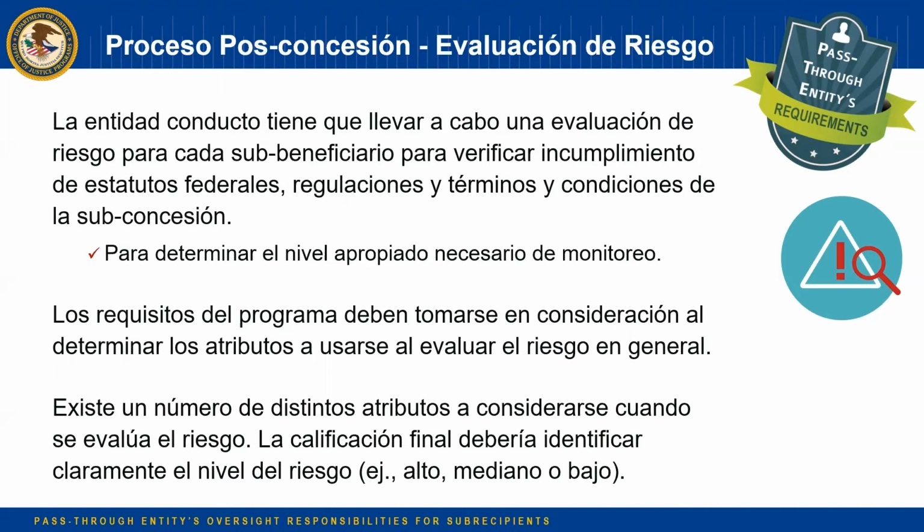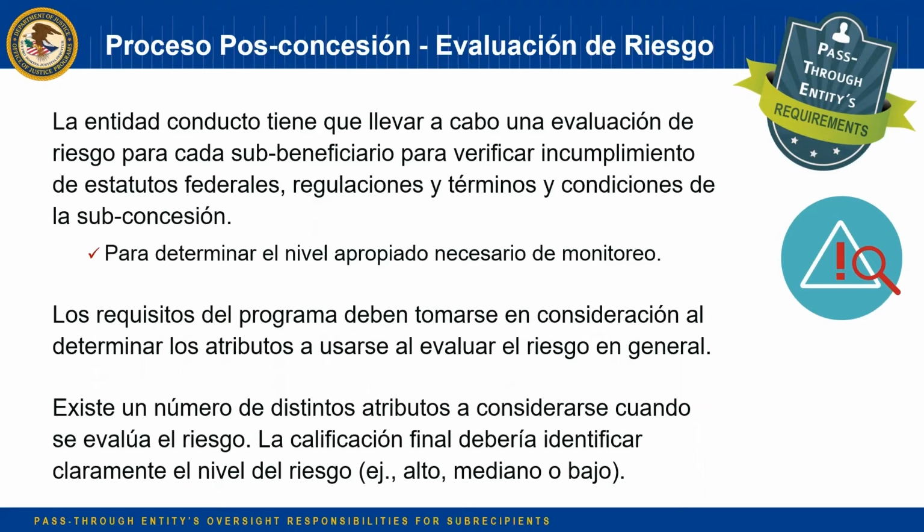This helps you, as I said earlier, to determine the appropriate level of monitoring that is needed for the organizations that you're passing funds down to. Now, even though I'm financial and I think basically about financial accounting systems and how they handle their money, a part of the risk assessment should also look at program requirements. They should be taken into consideration because, again, a subrecipient can violate financial requirements and/or programmatic requirements.